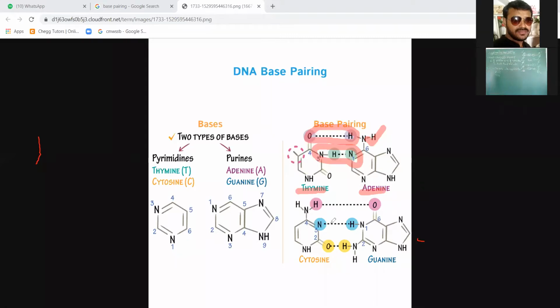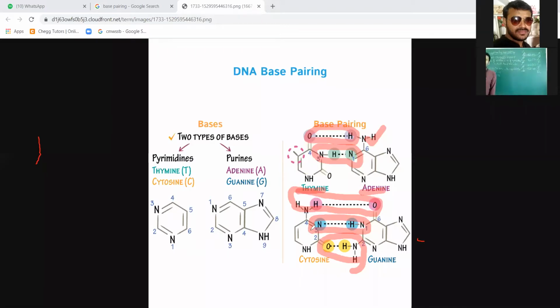Right? Similarly, cytosine and guanine. Here this amino group of cytosine and one keto group of guanine are involved in formation of one hydrogen bond, and amino group of guanine and one keto group of cytosine are involved in formation of second hydrogen bond, and two nitrogens present in guanine and cytosine are involved in formation of another hydrogen bond.